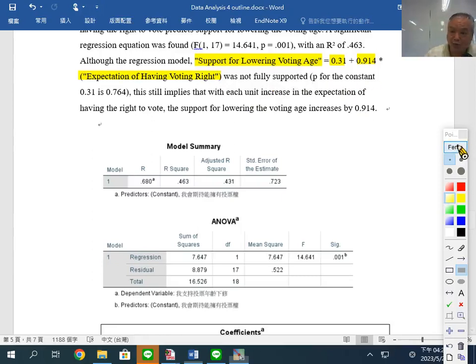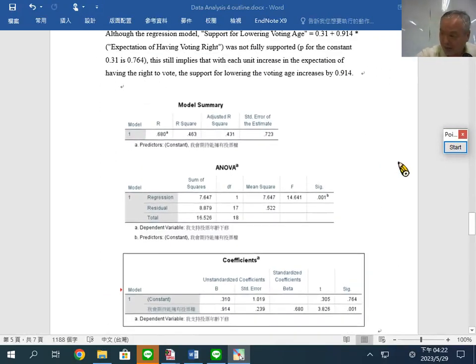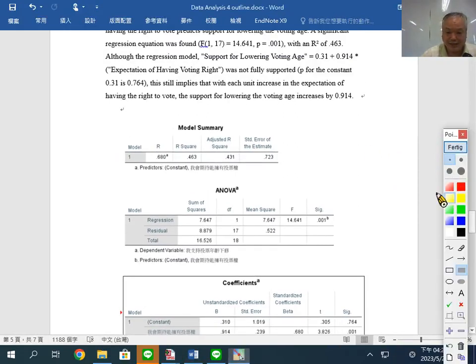Then you have to explain why. So here is why. Let me make it a little bit smaller, and I will broadcast one more time. So let's see this one. We say this is a little bit not supported. So although the regression model supports lowering the voting age, it was not fully supported because the P for the constant is 0.764, right?